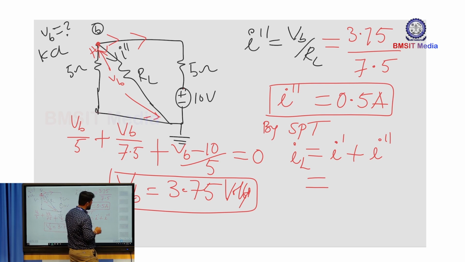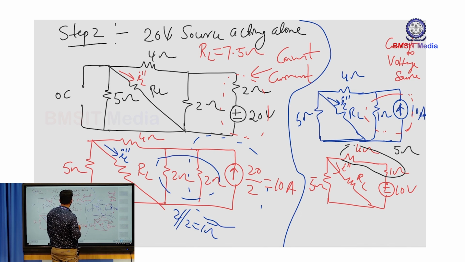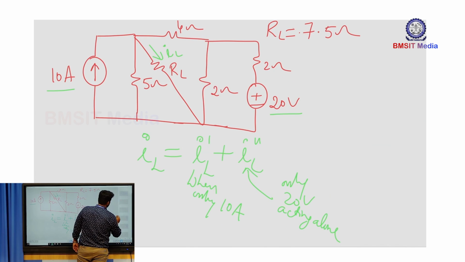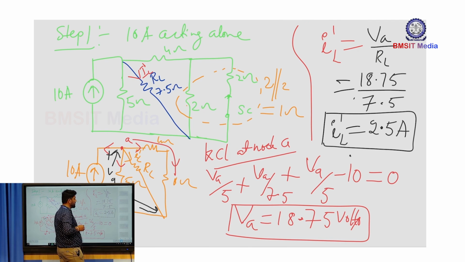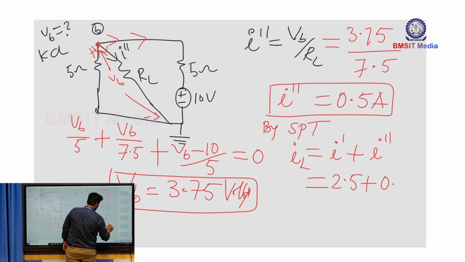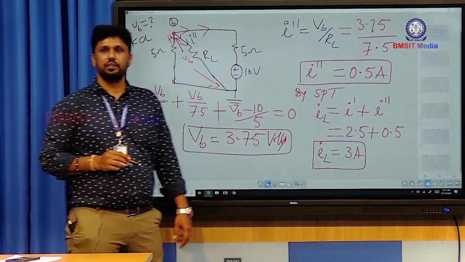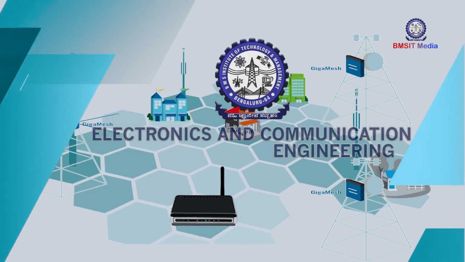In the first case, in step 1, we got 2.5. In case 2, we got 0.5 ampere. So it is 2.5 plus 0.5, and the value of IL is 3 amperes. That's the final answer for this question. Hope you understood this.